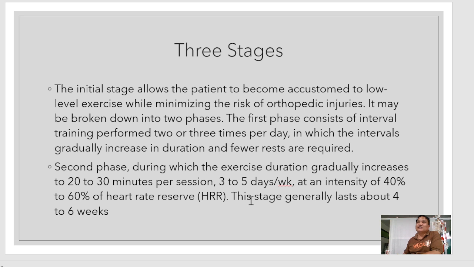So 20 to 30 minutes now, so it is a cycle already. In the exercise program that was designed, again, the rest is higher compared to the activity. But slowly, later on, it reverses, and the activity time becomes higher than the rest time.